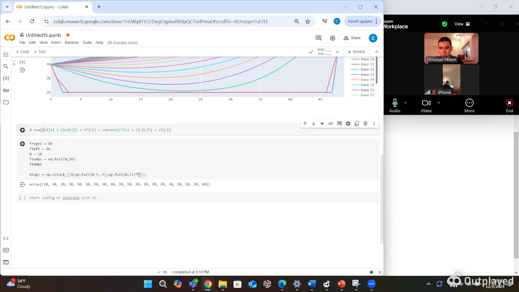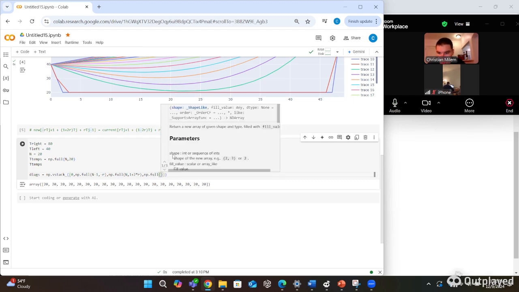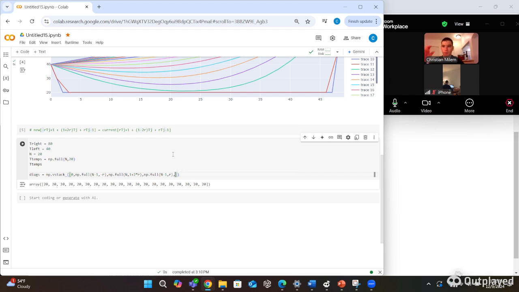The 2r plus 1 is going to be this, and then we need r for the last one. So that's going to be np.full n minus 1 again, so we need 19 spots. And then it's r, and then for it to be the lower one, it's going to be 0 on the bottom.